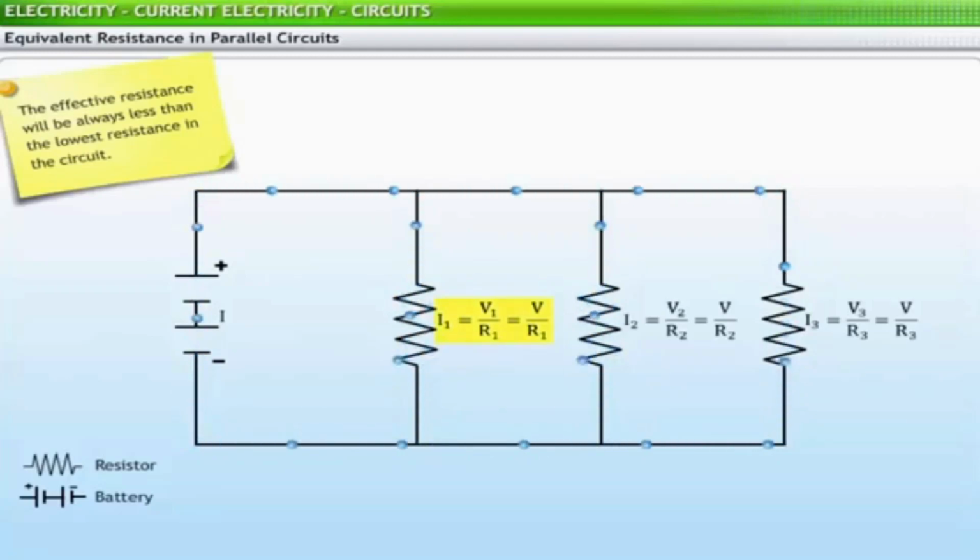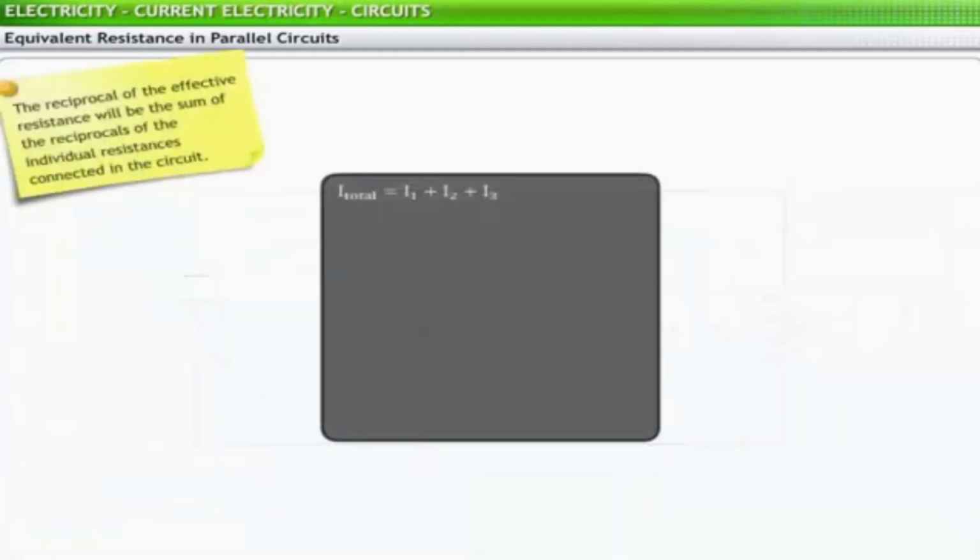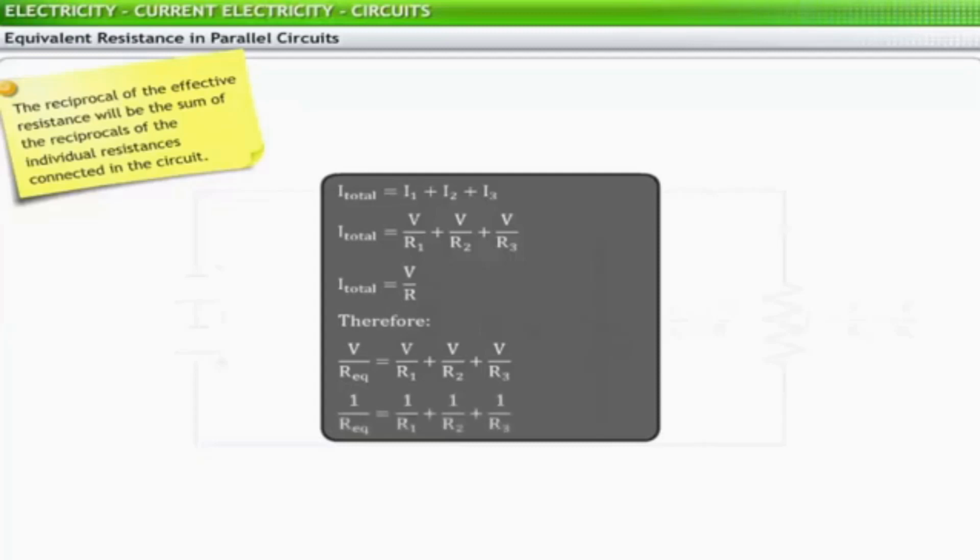Substituting the values of I1, I2 and I3 in I total equals I1 plus I2 plus I3, you get V divided by R equals V divided by R1 plus V divided by R2 plus V divided by R3. This gives you 1 divided by R equals 1 divided by R1 plus 1 divided by R2 plus 1 divided by R3.